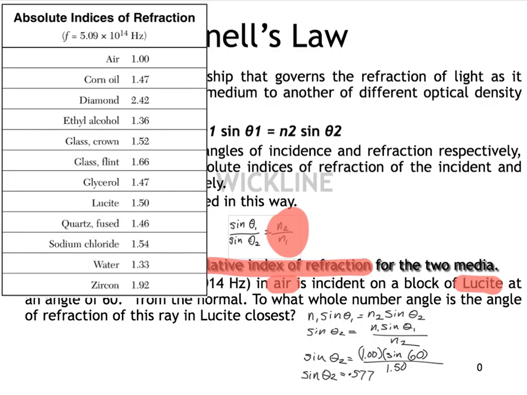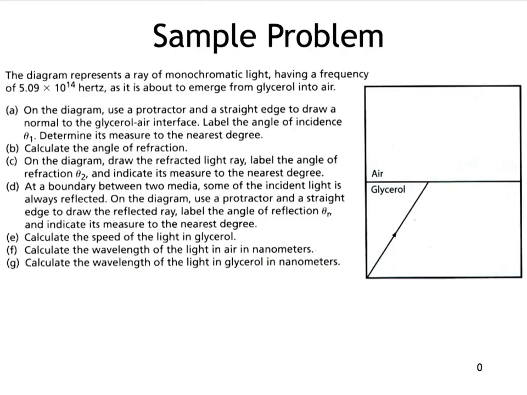When you do that calculation, sine of theta 2 is 0.577, but I need to do an inverse sine to get the final answer. After doing that, I find that theta 2 is closest to 35 degrees.